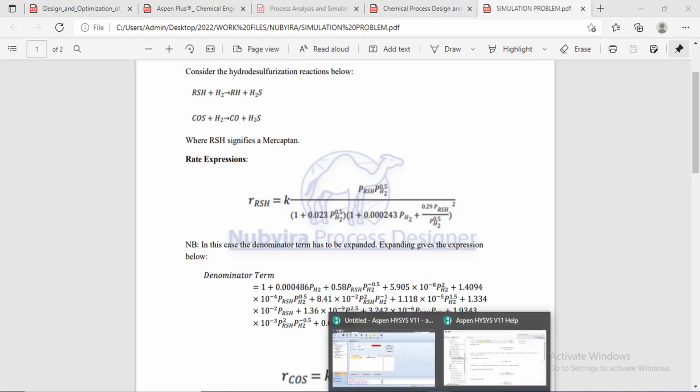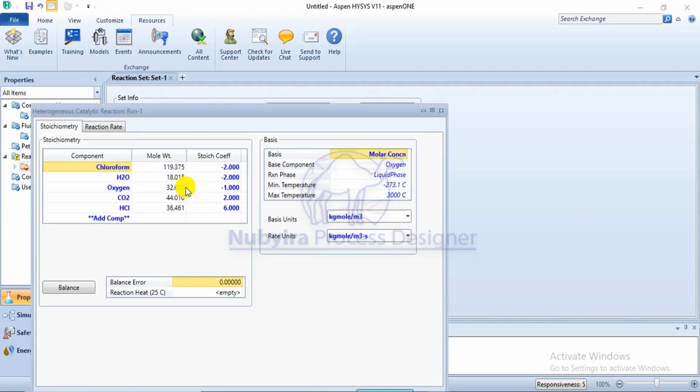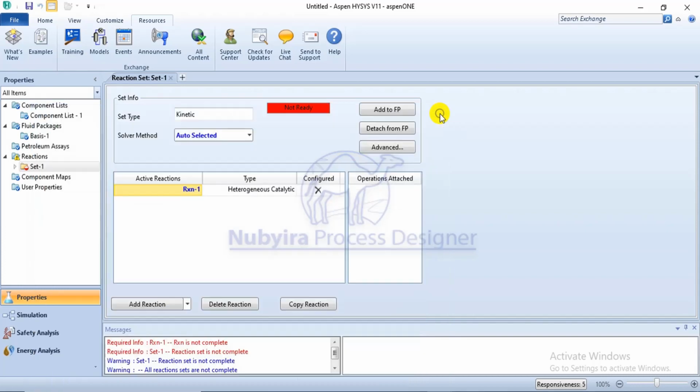So we'll go to our Aspen Hysys environment. Now I already chose the heterogeneous catalytic model. We can click on it. Okay, let me open a new case quickly.